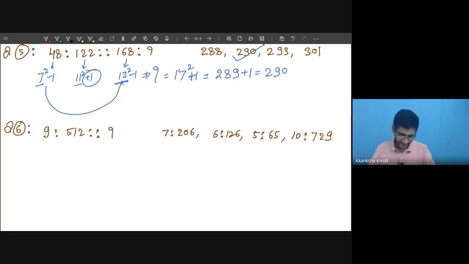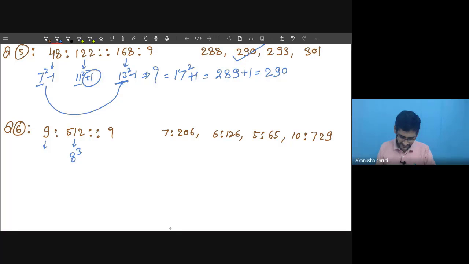Very good. Here we are observing 9. You may think of 3 square also, but from this 512, it appears to me that this is related to 8 cube.